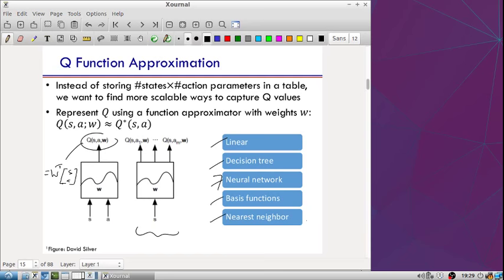Linear just means it's linear in the parameters. A neural network is not linear in the parameters. There are a lot of non-linearities, as we saw.